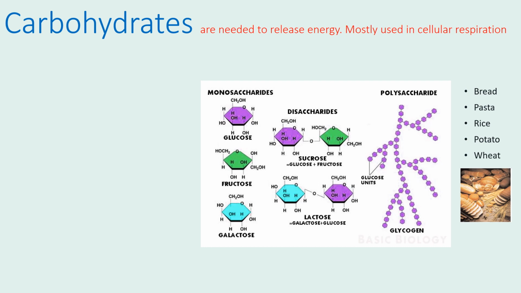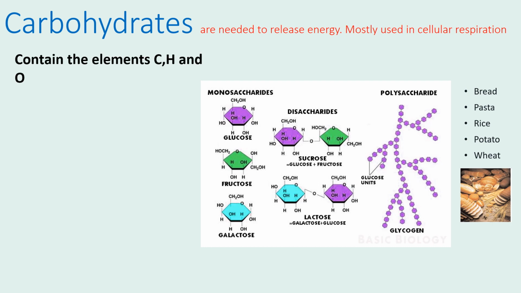So what I suggest in your notes is you have the title carbohydrates, if you haven't already done this, say what it's used for, and maybe put down a couple of examples of where we get it from. I would suggest picking ones that you're more familiar with, perhaps where you get most of your carbohydrates from, because then you're more likely to remember.